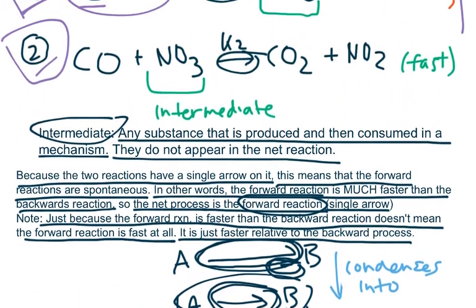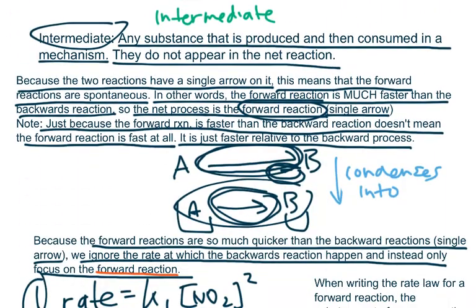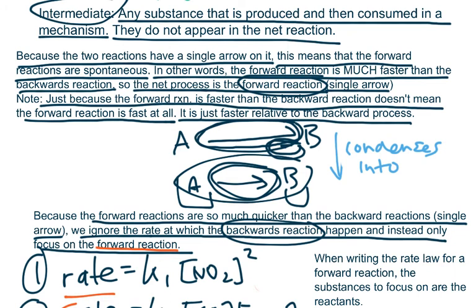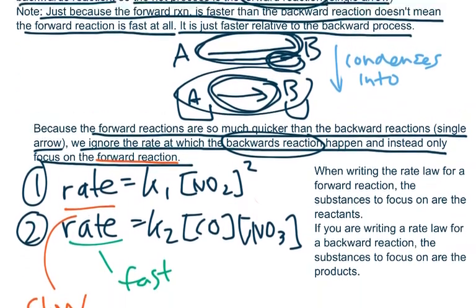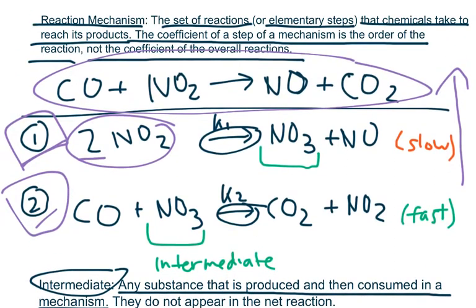So all reactions can go forwards and backwards, but sometimes the forward reaction might be much faster than the backward reaction, and because of this, people like to just consider the forward reaction, since essentially you can think of the backward reaction as not existing at all, since it is so small compared to how fast the forward reaction is happening. So we can write rate laws using these elementary steps, and remember, the coefficients in elementary steps can tell us the rate law and the orders of the reactants.